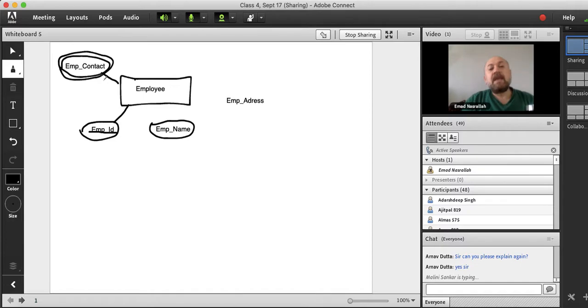How many phone numbers the person may have? Maybe one, maybe two, maybe three. Cell phone, home phone, 2 cell phone numbers, it depends. So this is multi-valued. Multi-valued, we have to represent it as a double line circle, not one line.